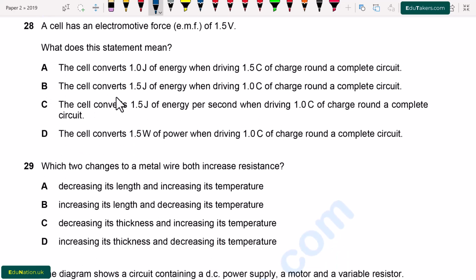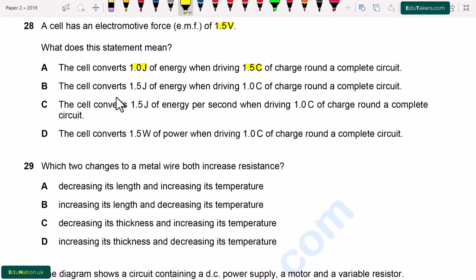Question number 28. A cell has an electromotive force EMF of 1.5 volt. What does this statement mean? Option A. The cell converts 1.0 joule of energy when driving 1.5 coulomb of charge round a complete circuit.